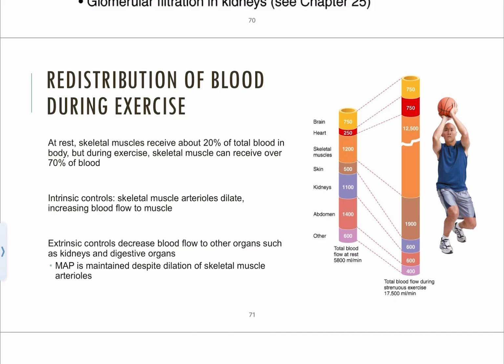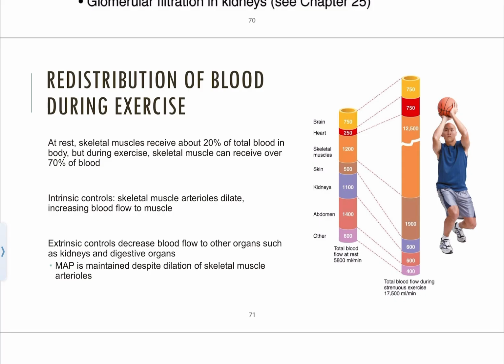But if our sympathetic nervous system is activated and we're exercising, our skeletal muscle can receive up to 70% of our blood volume. And how does it accomplish that? Again, we're going to be redirecting blood from tissues that we don't need during these situations. So for example, our digestive system, and then redirecting the blood to the tissues that do need them based off of our environment. So our skeletal muscle tissues in this case.